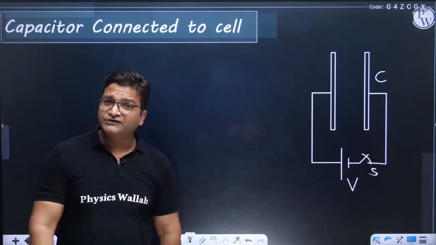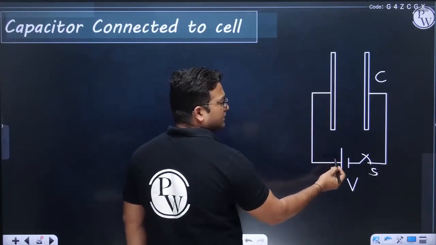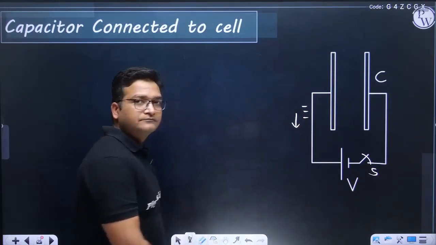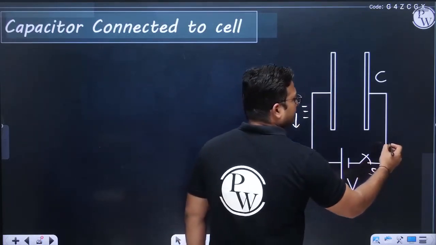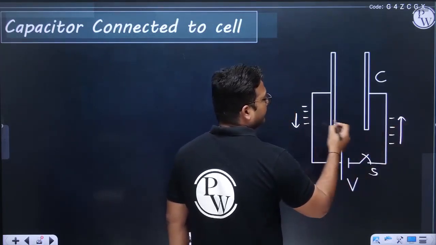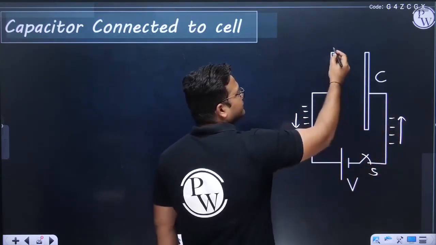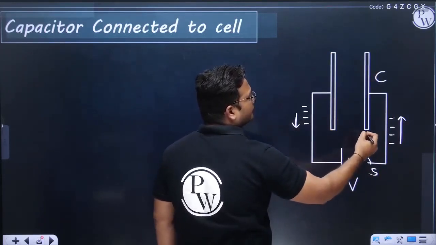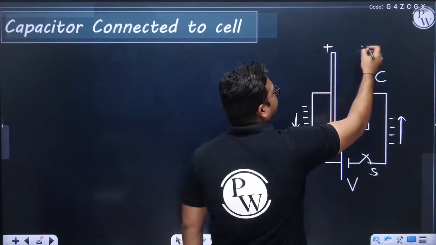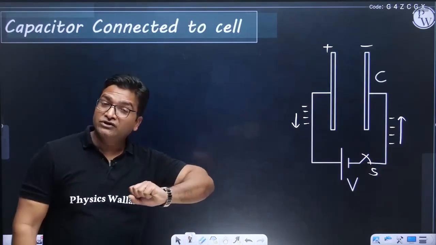The moment we close this switch, the electrons of this plate are attracted towards the positive potential of the battery. So electrons move in this direction. They gain energy and here they move. They are repelled by the negative terminal of the battery. So here we see deficiency of electrons and here we see excess of electrons. So it starts gaining positive charge and it starts gaining negative charge. But remember the case of the potentiometer.